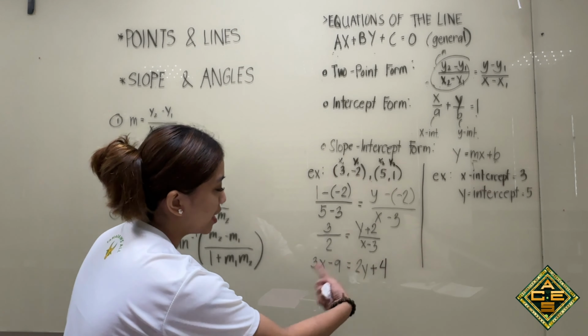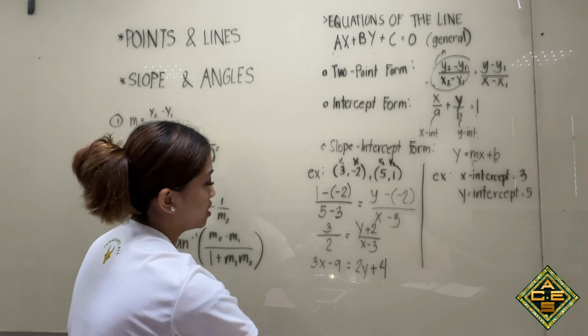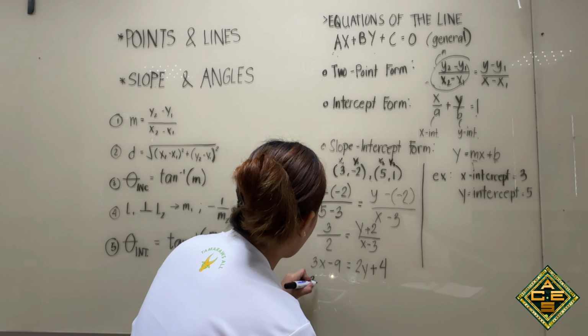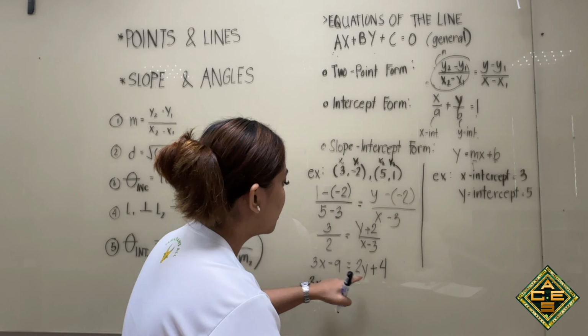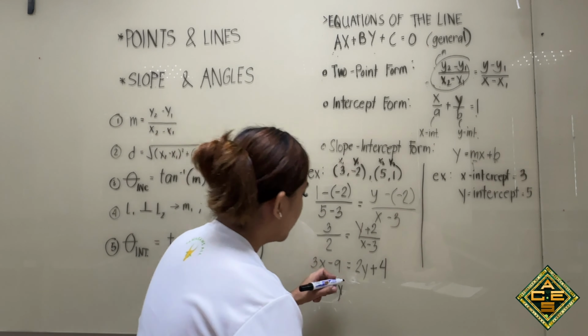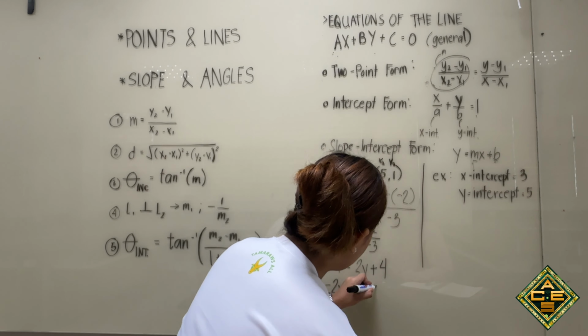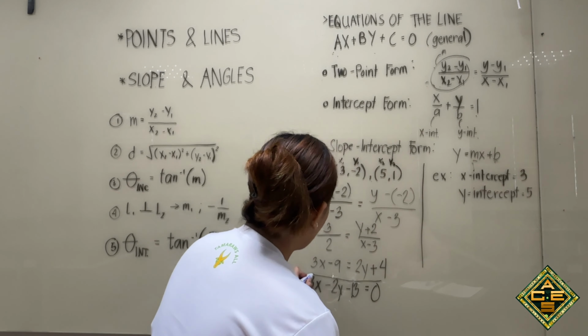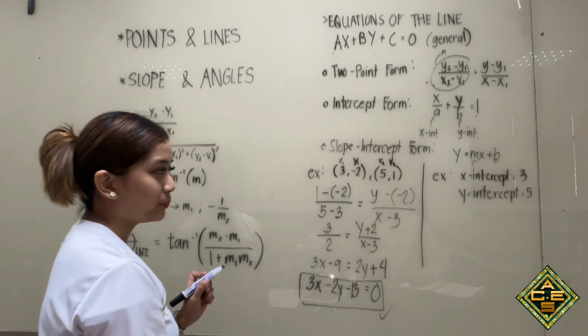We rearrange the equation so that the other side of the equal sign is 0. So 3x minus 2y, then transposing 4, negative 9 minus 4 is negative 13, equals 0. So we already got our equation of the line.